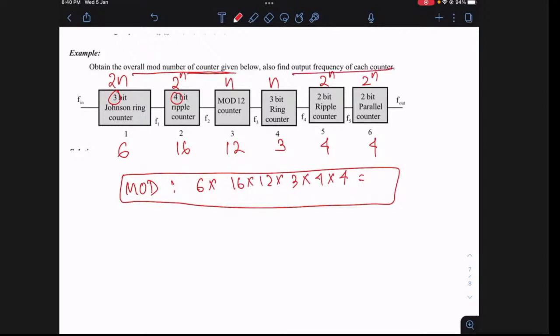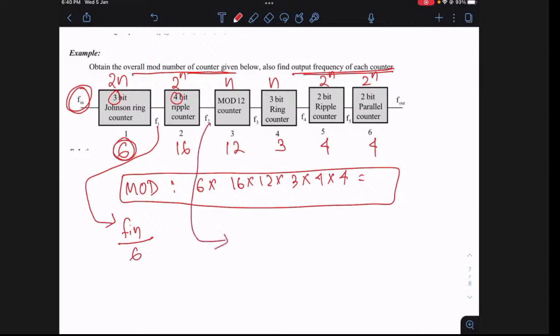Now find the output frequency of each counter. The logic is very simple. The output frequency is the input frequency divided by the mod number. If the input frequency is Fin and the mod number is 6, it is Fin by 6. For the next counter, the input frequency is Fin by 6, divided by its mod number, which is 16.